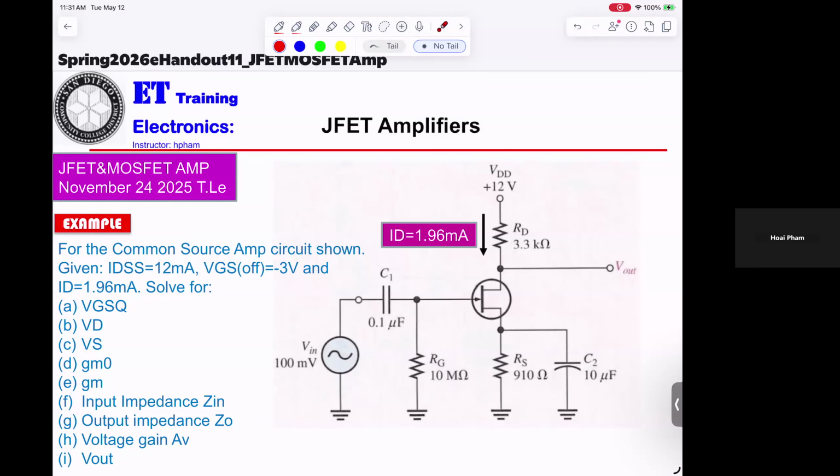Okay, so the first thing we already did. This is the JFET.